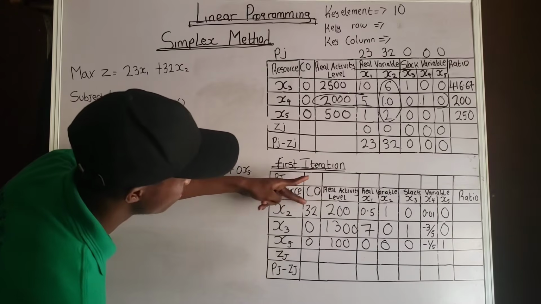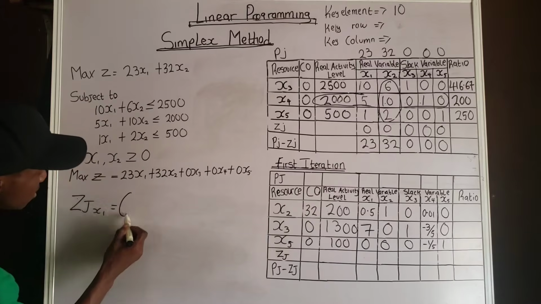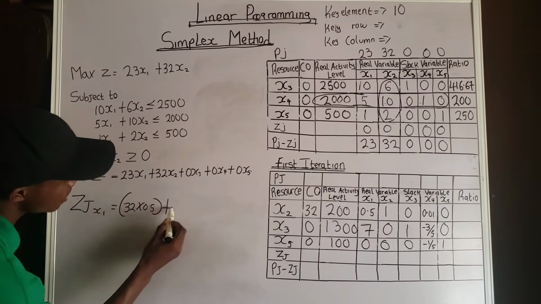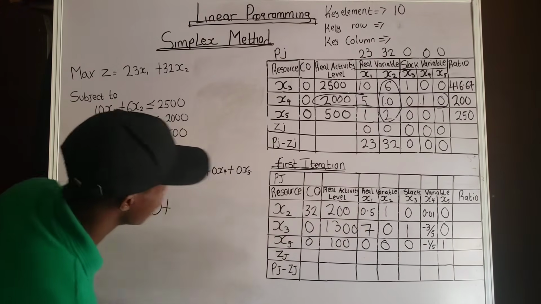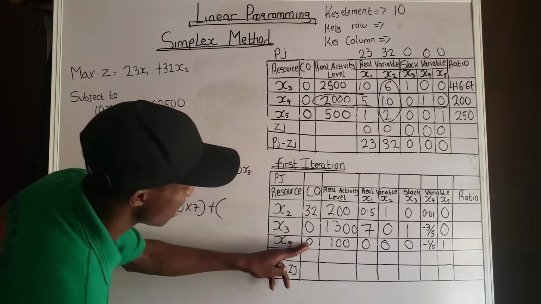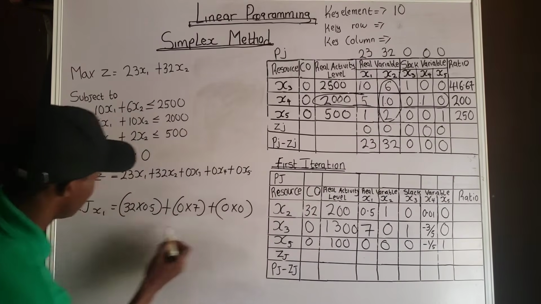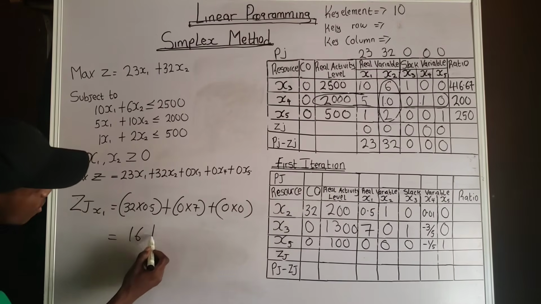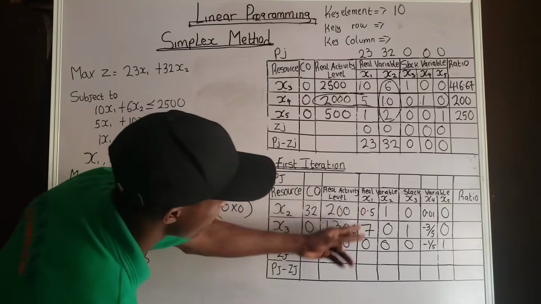Coefficient of the program variable, that is 32 multiplied by 0.5, plus 0 multiplied by the corresponding x1 variable, that is 7, plus 0 multiplied by 0. So zj x1: 32 multiplied by 0.5, that is 16. 16 plus 0 plus 0, that is 16. So the zj of x1 is what?